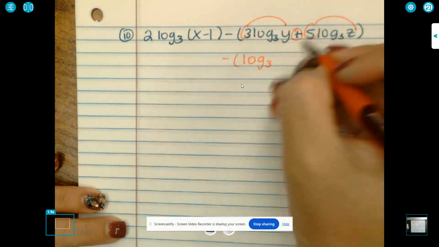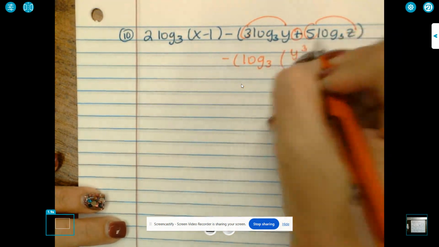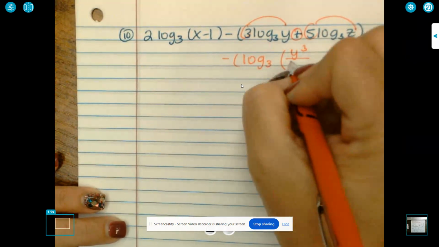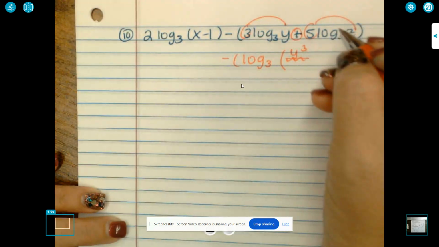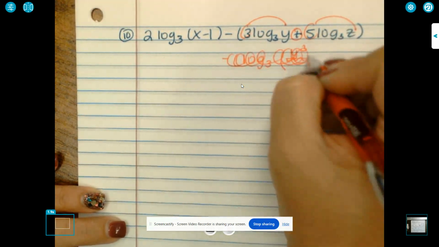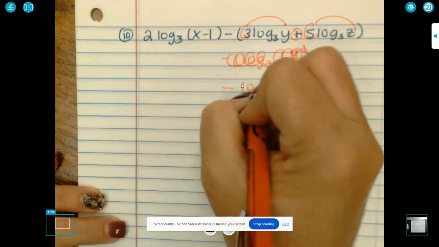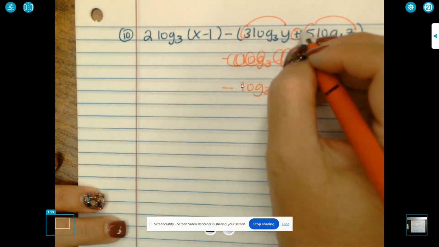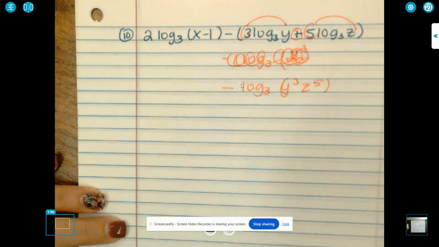log 3. The 3 comes up, becomes y cubed. The 5 comes up becomes, oops. Let's redo that, sorry. Got ahead of myself. All right, so minus, all right, so log 3. 3 comes up becomes y cubed. 5 comes up becomes z to the 5th. Okay, and that is multiplied.